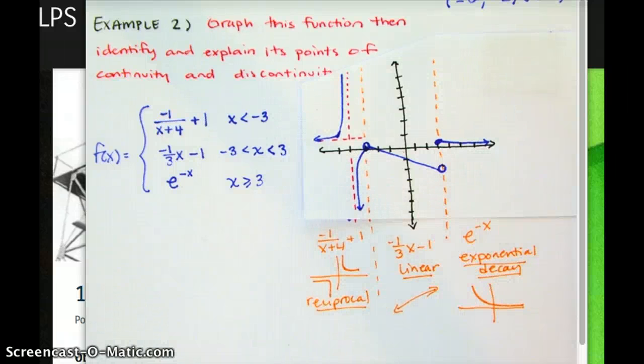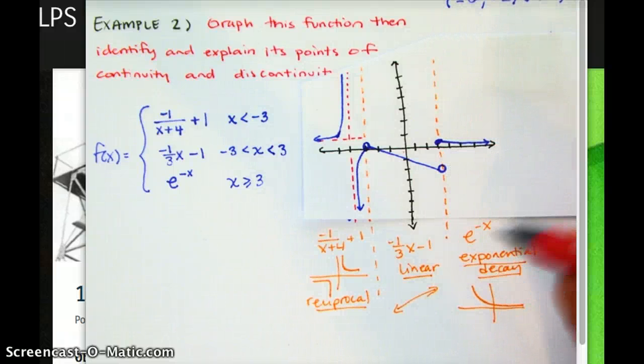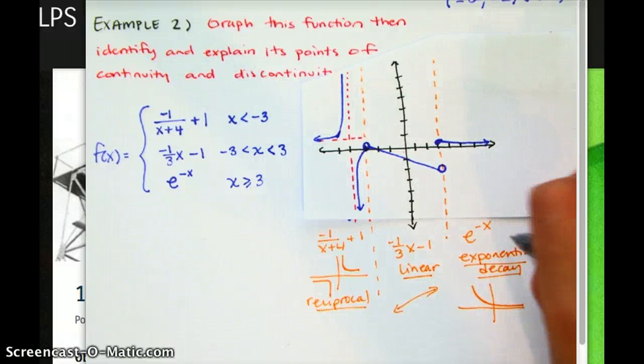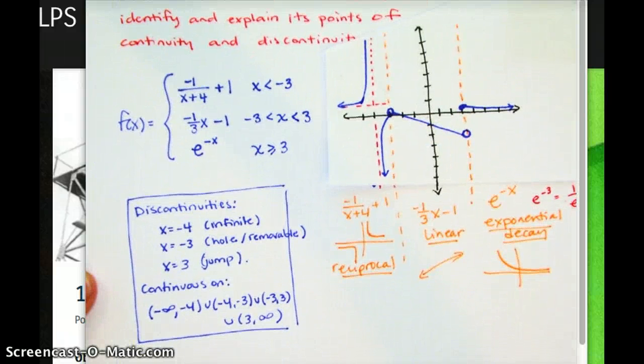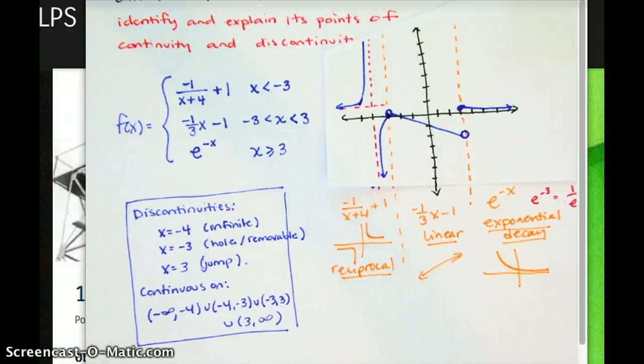On this side, I just approximated where the shape should be, but I should have calculated, and what I would do is I would plug in +3 to e to the -x, and I would get e to the -3, which is the same thing as 1 over e cubed, and that's going to be a small decimal number. From there, I just approximate. Lastly, we identify discontinuities and regions of continuity. I'll add some practice problems to another video.